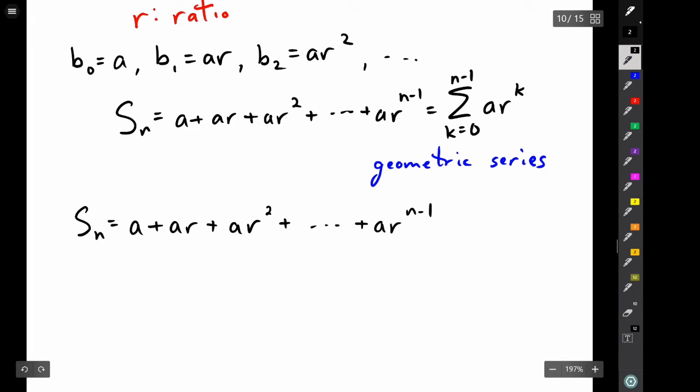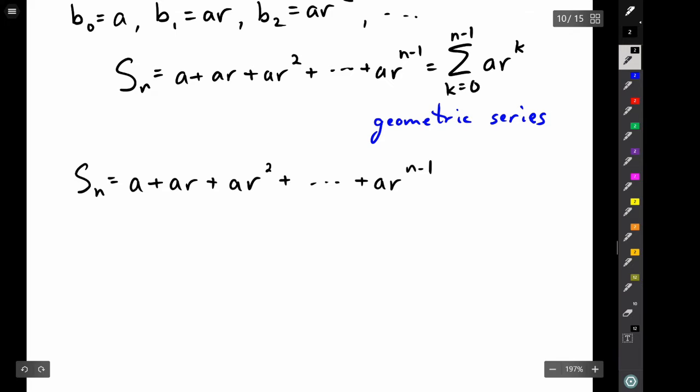Underneath this, I'm going to do something a bit interesting. Sorry, I'm misremembering what I want to do here. I want to write down r times Sn. This might seem a bit weird, but bear with me for a second.